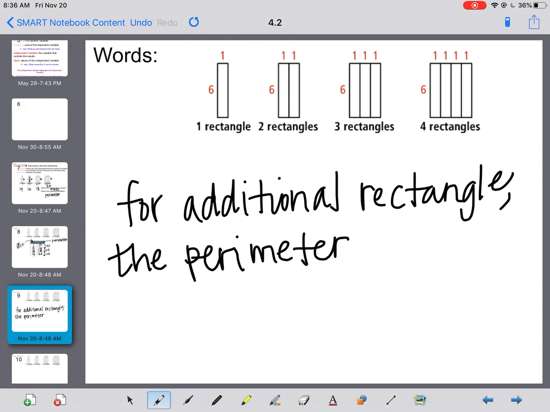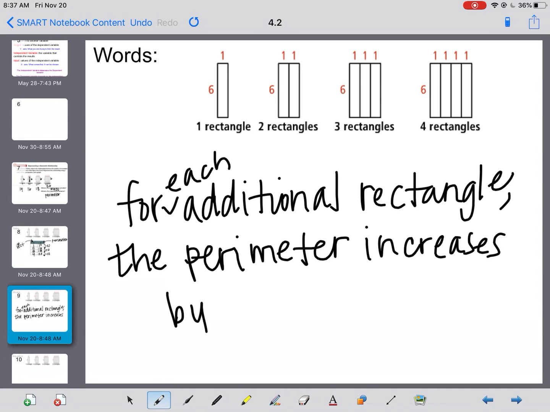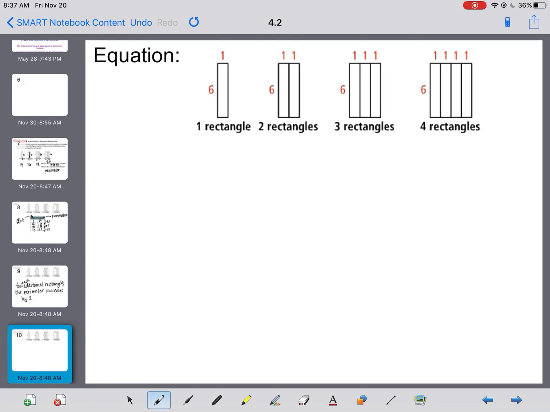Is it the same every time? To me, it looks like each time we add a rectangle, we're actually getting bigger by 2 units. Okay, so that's what we're going to put in our words. For each additional rectangle, the perimeter increases by 2.